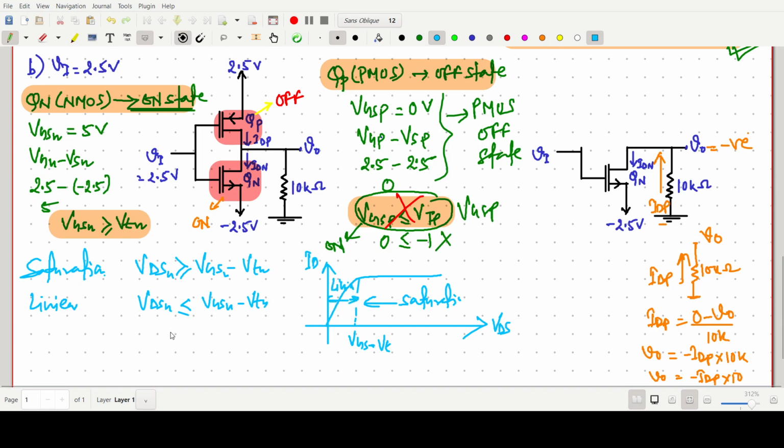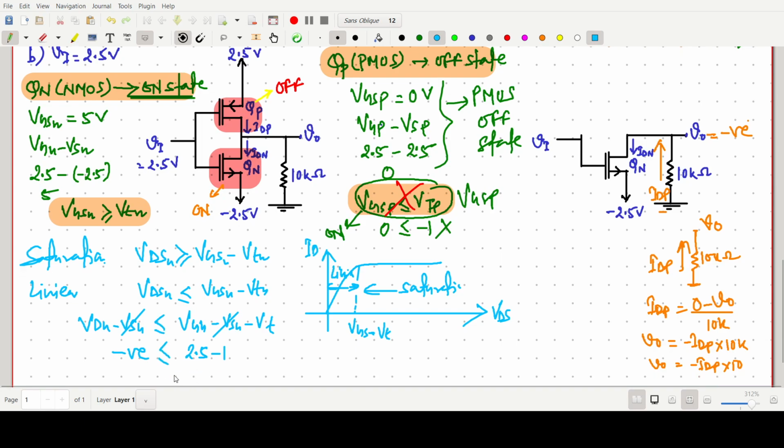Now we have to find VDS. So VDN minus VSN, VGN minus, sorry, VSN minus VT. So this should be cancelled out. VDN is a negative value, so keep it negative. VGN is 2.5 minus 1, and so this will always be greater.